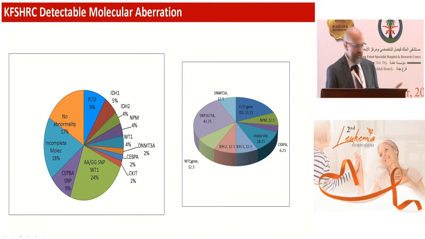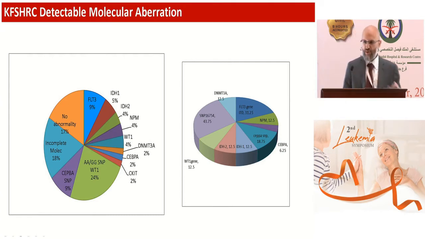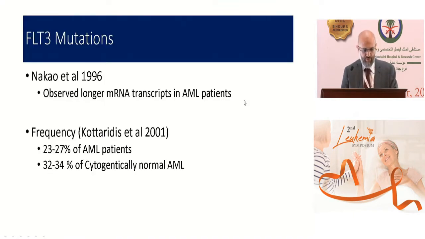But in addition, we look at certain SNPs in the CEBPA and the WT1, which at least looking through our cohort seem to have some sort of prognostic impact, and we're looking at larger numbers now. But that's FLT3 up here, FLT3 ITD. So under a quarter, and we think it might be maybe slightly less common than it is in the published literature.